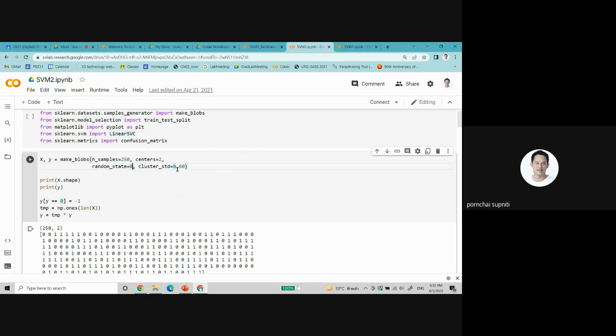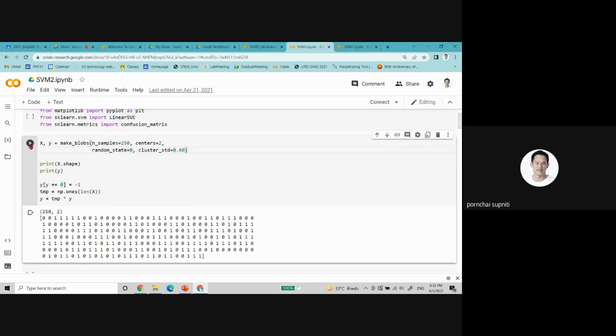The standard deviation is 0.6. Okay, and there are two centers. So we can make more than two sets. We can make three sets, four sets as well. So here, I generate X and y. Okay, and I think it will make two classes. One is class 1, the other one is class 0. Okay, so we can run this command.